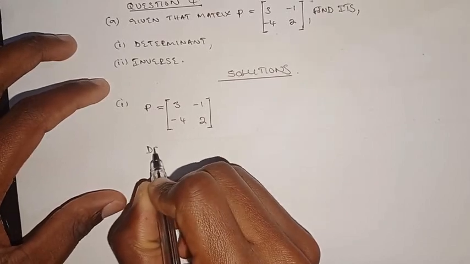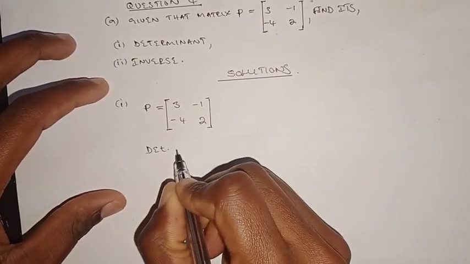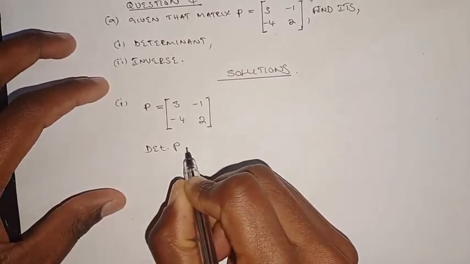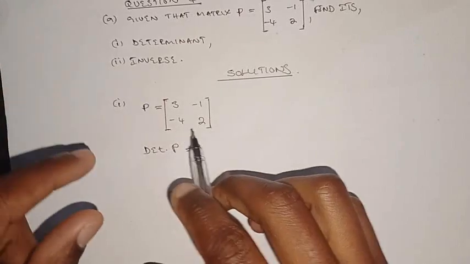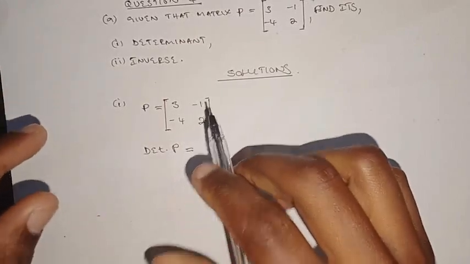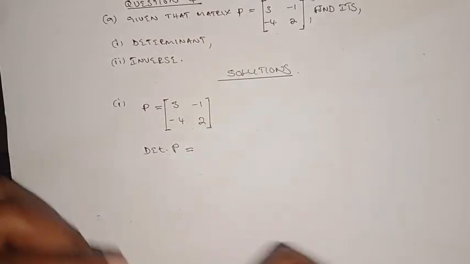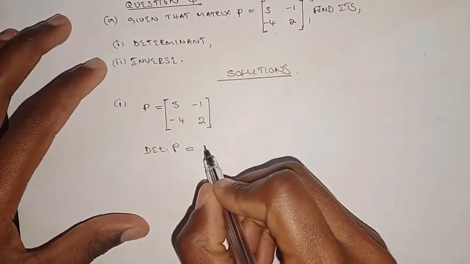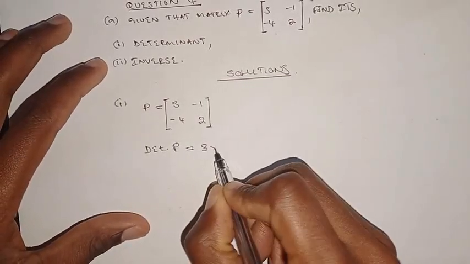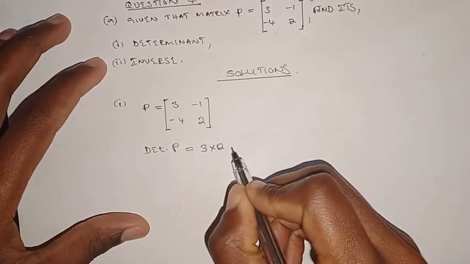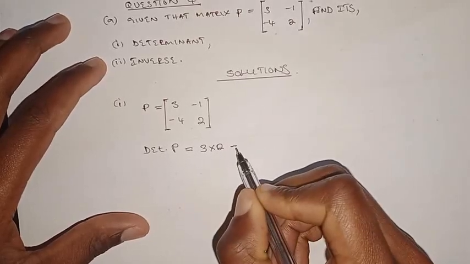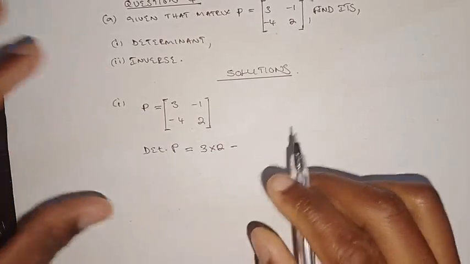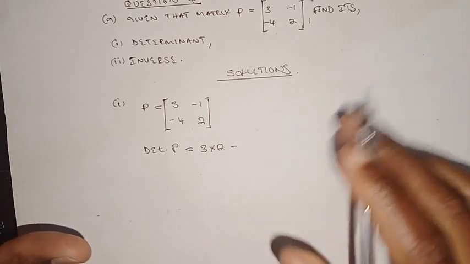So we say determinant of P, so that's how we denote the determinant of a matrix, equals, so let us multiply the elements in the leading diagonal. So this is the leading diagonal right there. So it's going to be 3 multiplied by 2 minus, we need now to subtract from it the product of elements in the trailing diagonal.